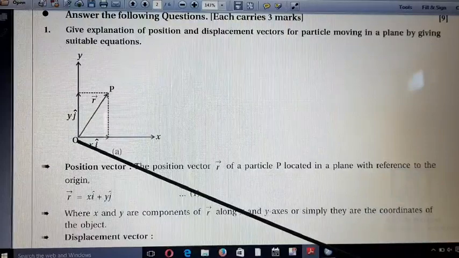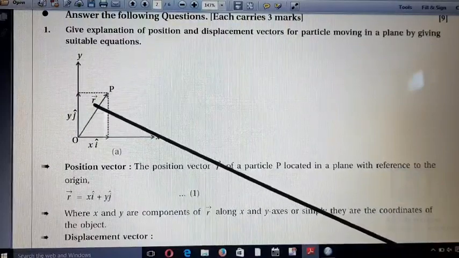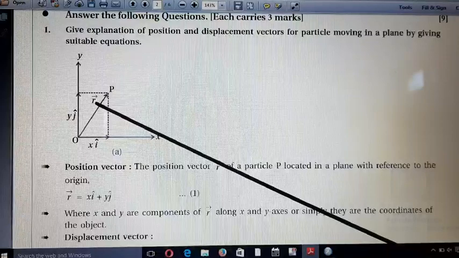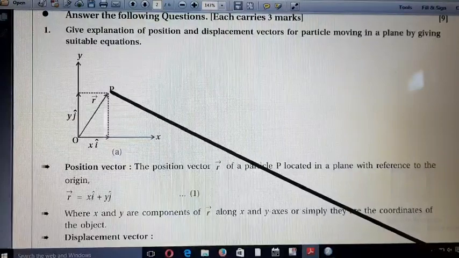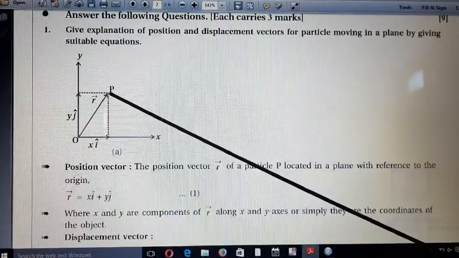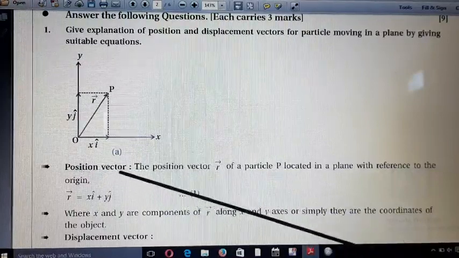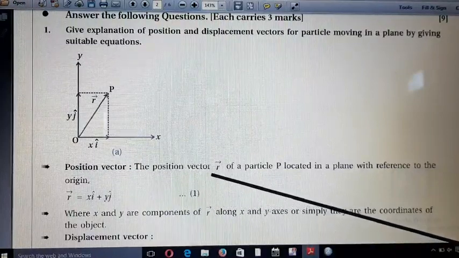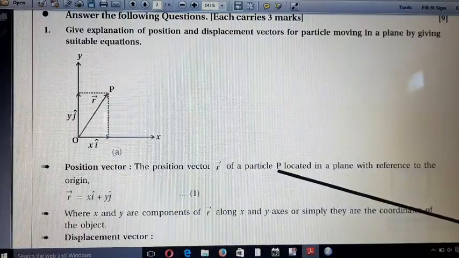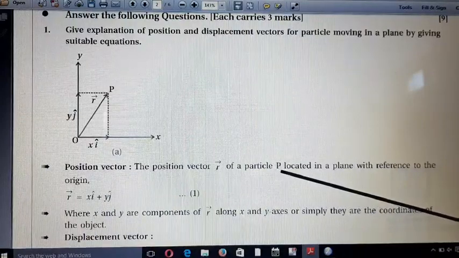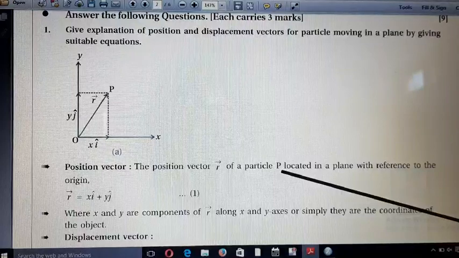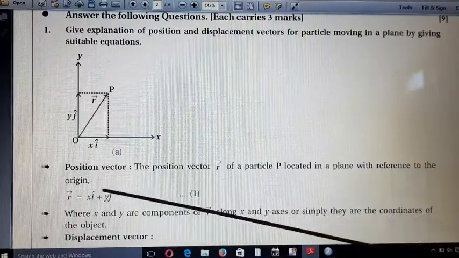Here O is the origin and vector r is the position vector of the particle P. So what is the position vector? The position vector r of the particle P is located in a plane with reference to the origin.